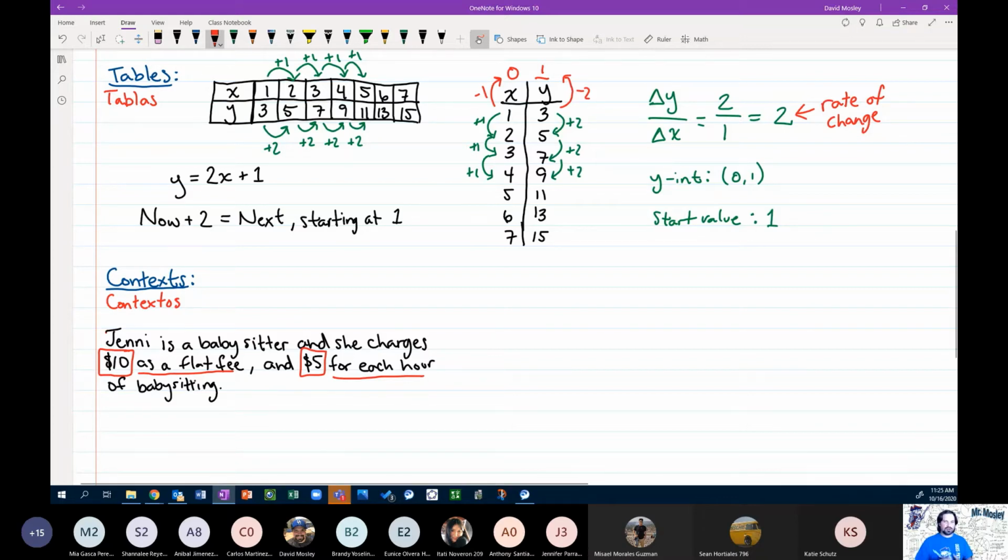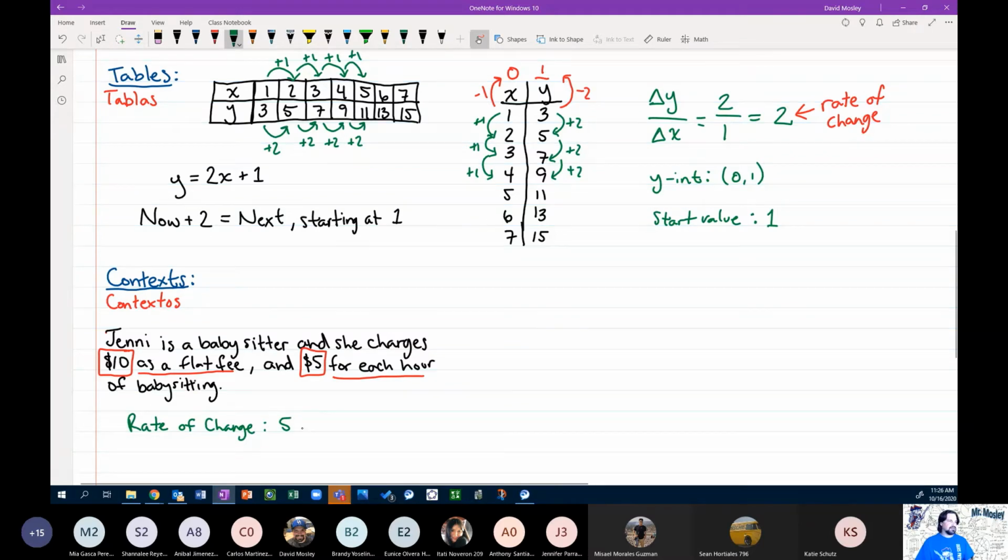So this means Jenny always charges $10, and then every hour she's working, she gets $5 more. Okay. So just in the problem, we have the rate of change, which is 5.